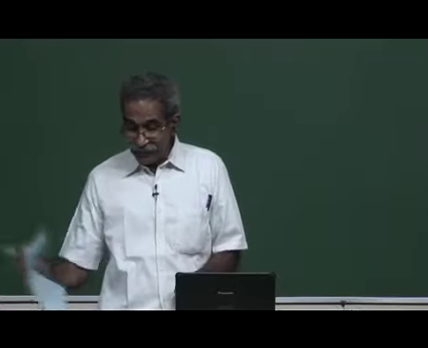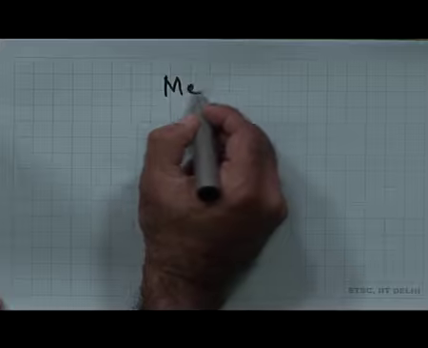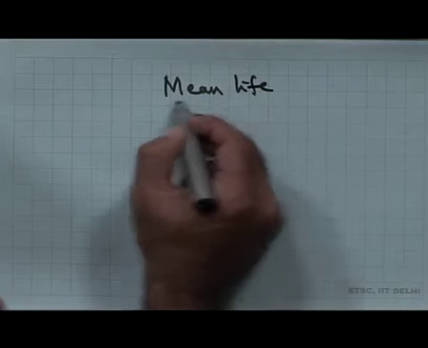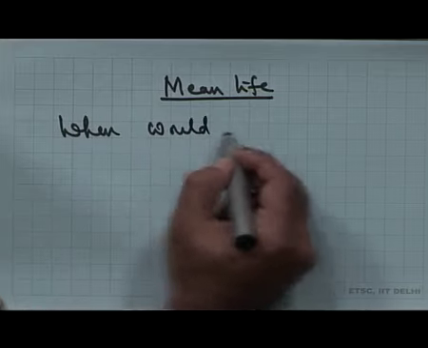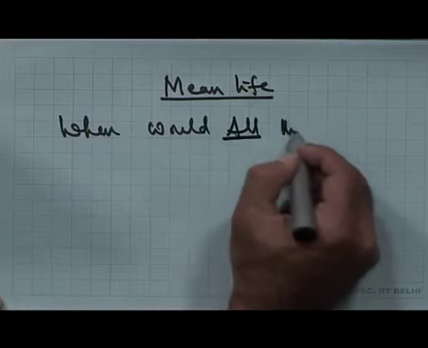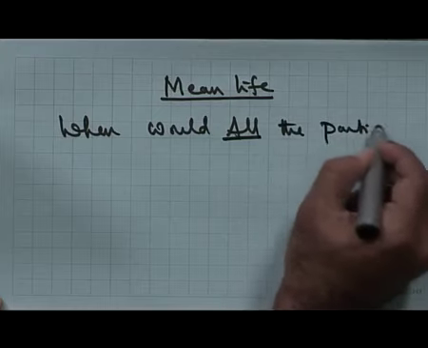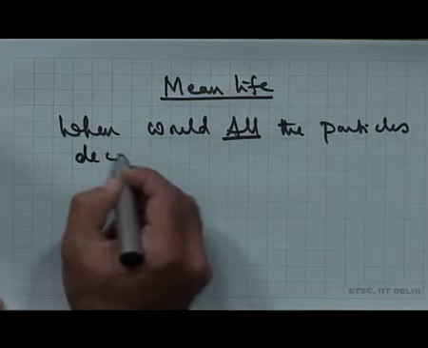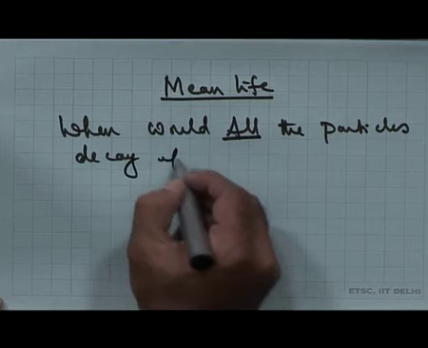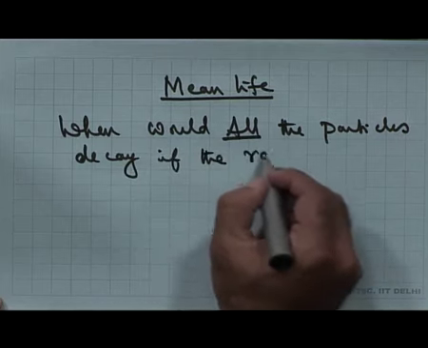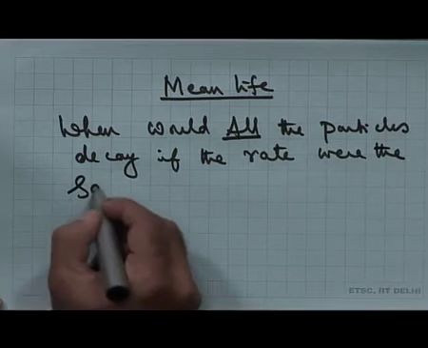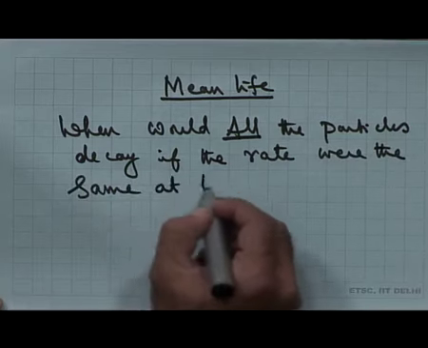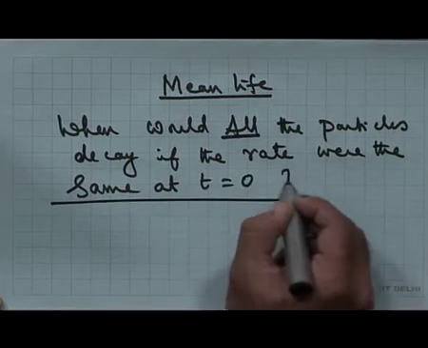So, in order to discuss the mean life, what I ask is, when would all the particles decay if the rate were the same as at t equal to 0? That is the question we ask.